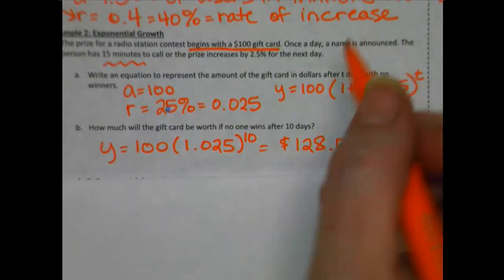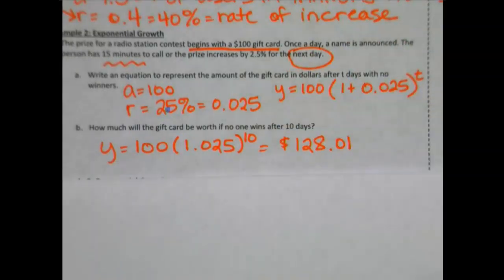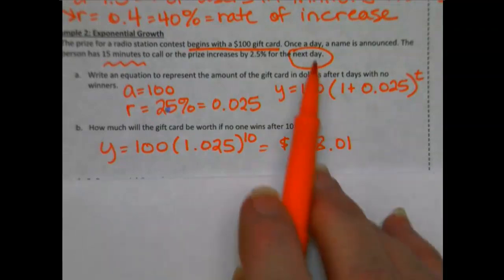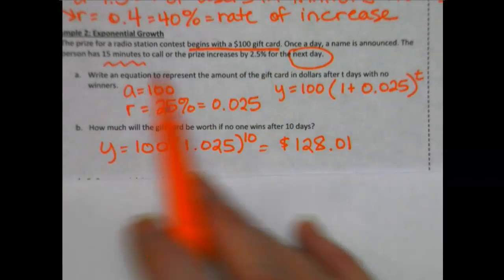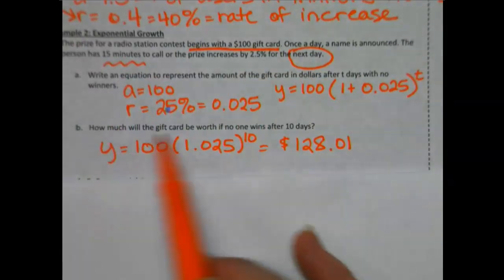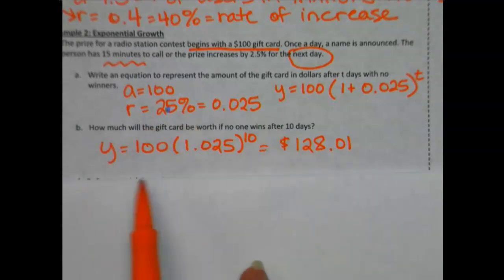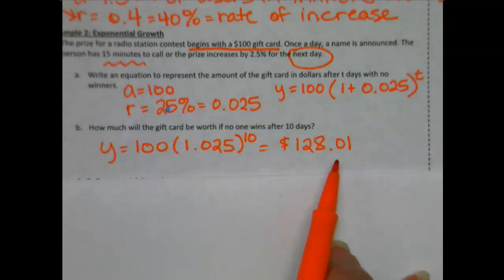We're looking at time that it increases or that it changes. What is their next benchmark point for when the amount is going to change? That's where you see next day. So sometimes STAAR questions will throw both of these things in there because they're both related to time. They can trip you up. If you put this into your calculator, especially the TI-Nspire, you should get $128.01. It's actually like 0.008, but it's money, so we round up to 1 cent.